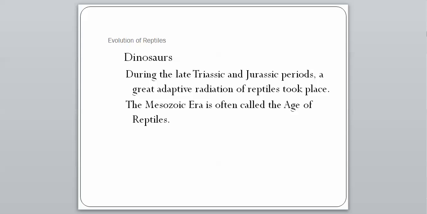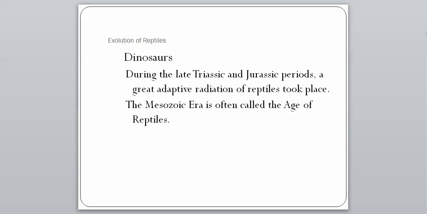Our first main group of reptiles, one of our most famous groups, are actually the dinosaurs. These first appeared during the late Triassic and Jurassic periods, and a great adaptive radiation of reptiles took place. This era, which includes our Triassic and Jurassic periods, is called the Age of the Reptiles.